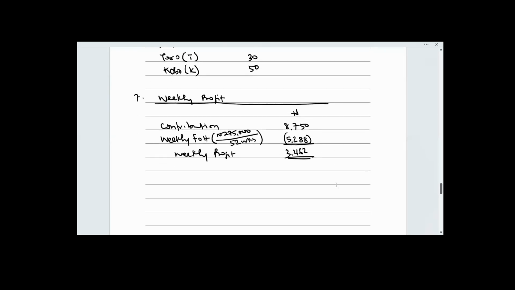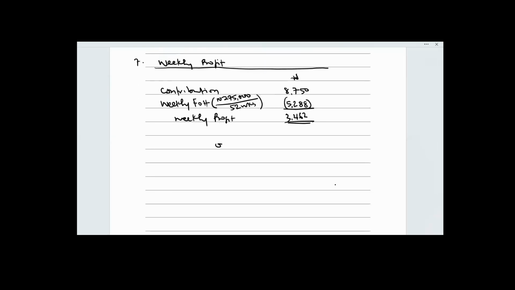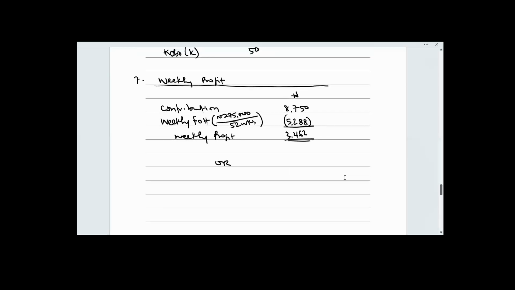That's that. So if you want to determine annual profits, alternatively, we can say profits. In this case, of course, you already have your fixed cost to be annual. I'll just determine annual contribution. Annual contribution will then be equal to weekly contribution of 8,750 multiplied by 52 weeks.